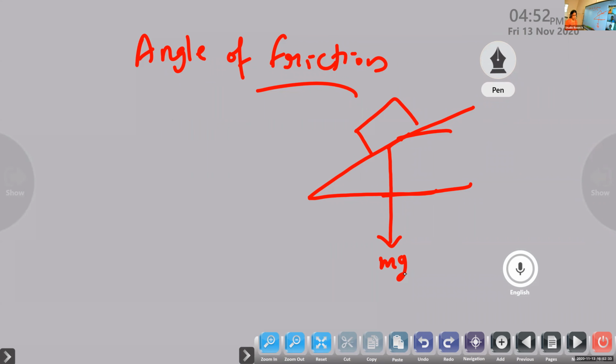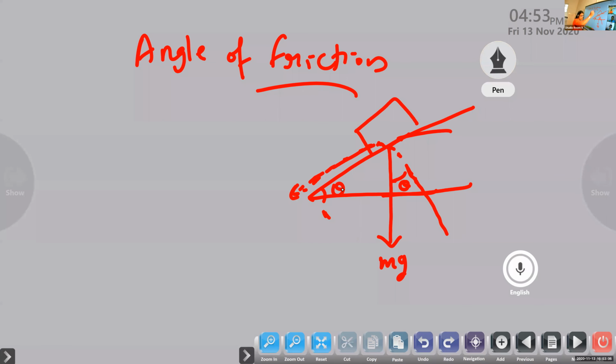Then what happens? It is resolved into two components, cos theta and sin theta. So this is also on the basis of the parallelogram law. So this is our resultant force. So just assume that it is resolving into two components. And what is theta? Theta is this. And here also the plane is making an angle theta.